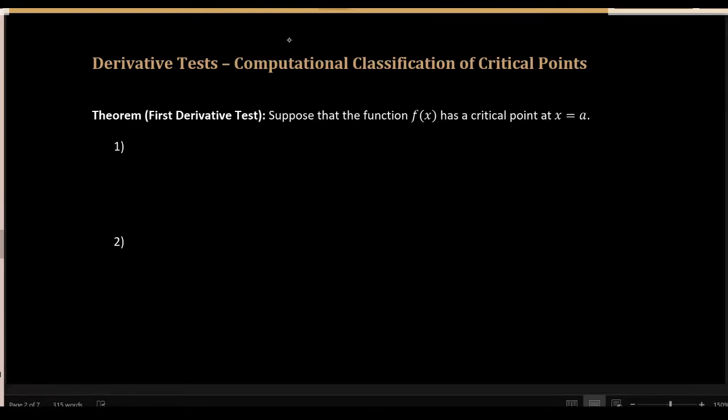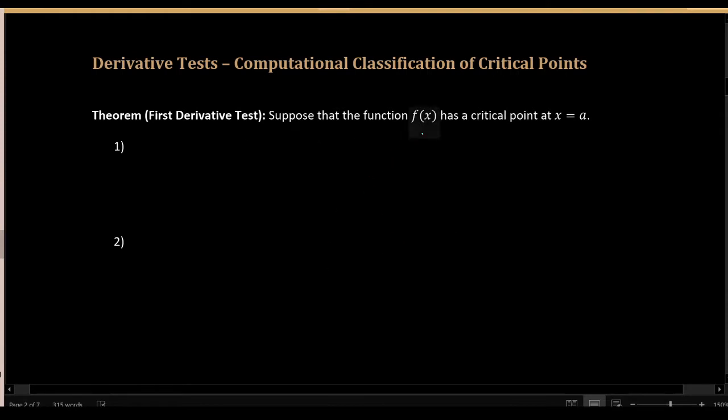So the first of the derivative tests, appropriately named the first derivative test, says, suppose you have a function f of x, and you already know that this function has a critical point at x equals a. Now you're trying to figure out, does this critical point correspond to maybe a minimum or maybe to a maximum?